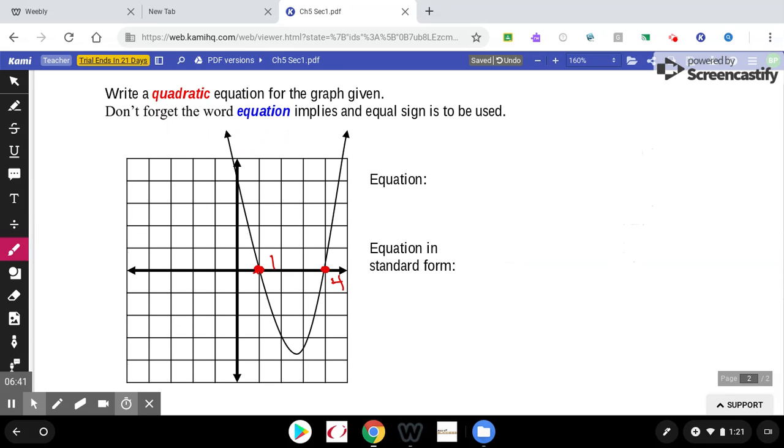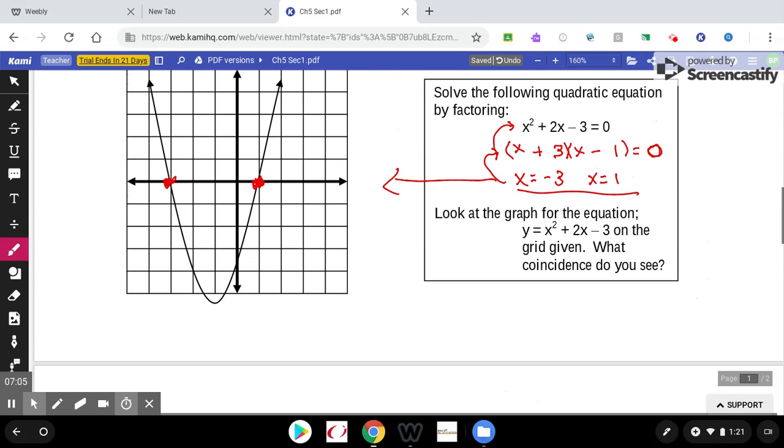So if I know the answers are 1 and 4, then I know the parentheses or the factoring that went with this problem would have been an opposite sign and an opposite sign. Well, the question would be, how do you make two sets of parentheses go backwards and look like this guy up there?